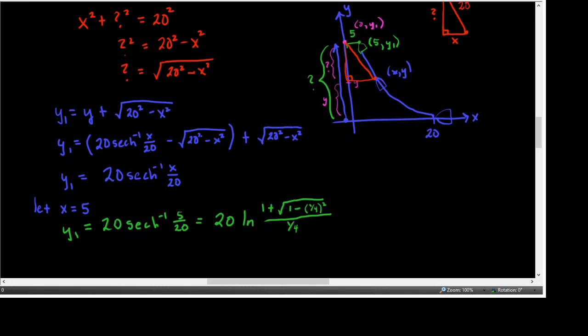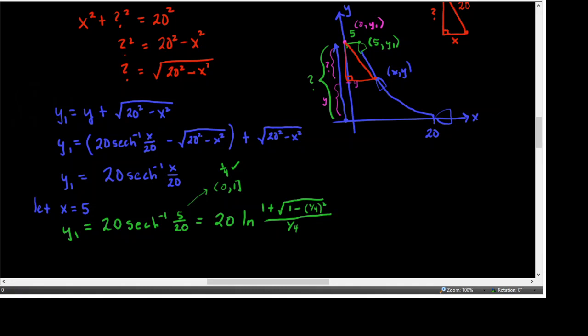All right, so anyway, of course that's good because remember this number, according to that domain statement, has to be between 0 and 1. And of course 1/4 is good. It's between 0 and 1. So it's definitely something we can use here.